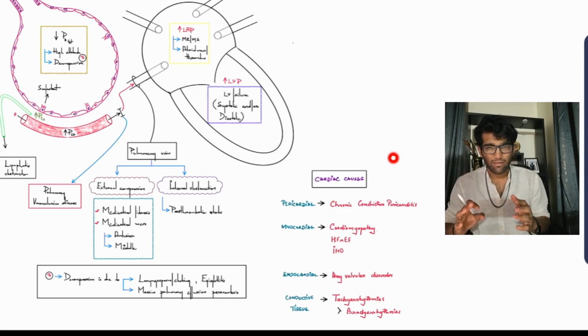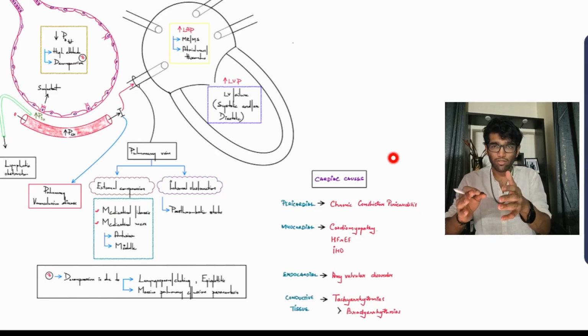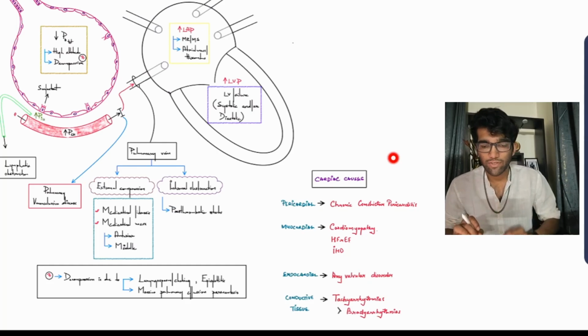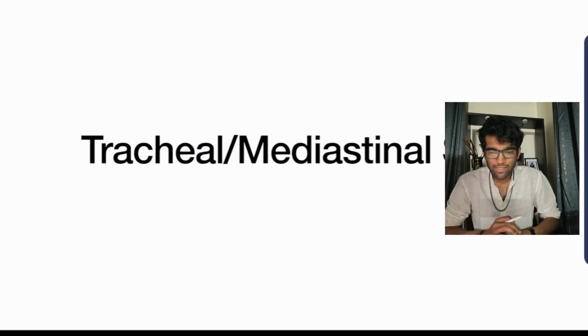Basically, although there are cardiac pathologies that cause shortness of breath, cardiac pathologies cause shortness of breath by causing pulmonary edema. So that is why specific attention was not given to this, because there will be a dedicated video on pulmonary edema.